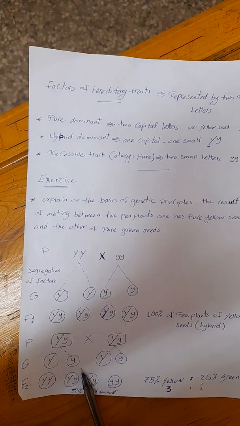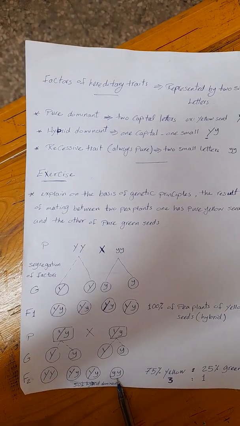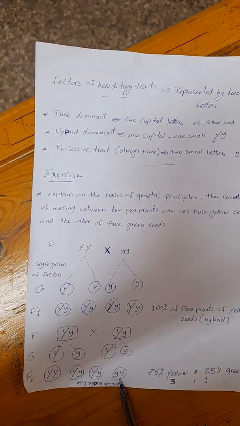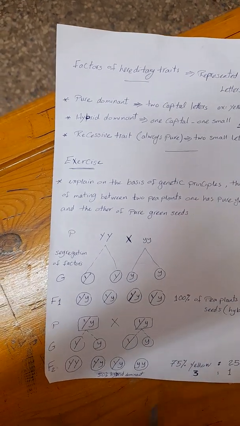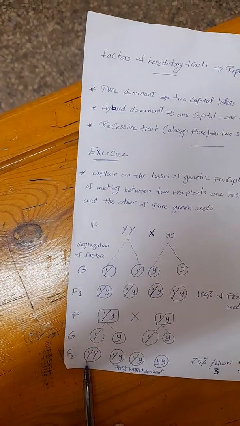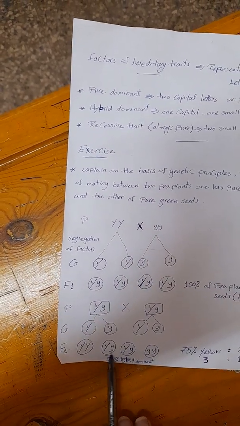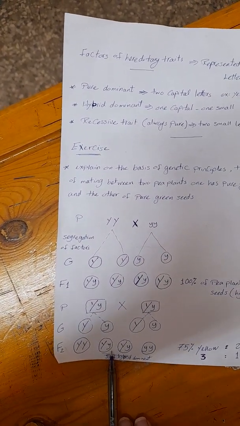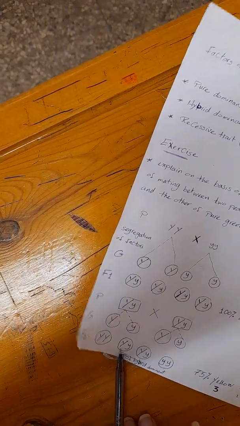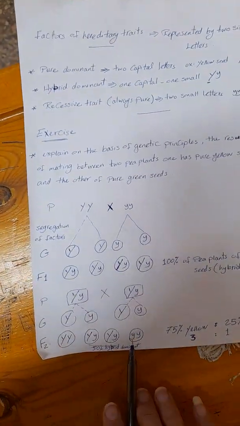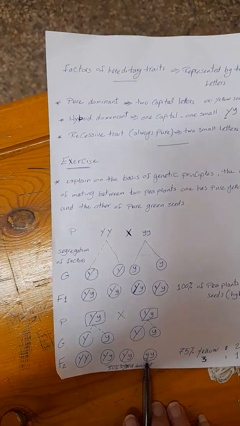Last, small y with small y produces the factors small y, small y. This trait is dominant pure. This trait is dominant hybrid. And this trait is recessive pure.